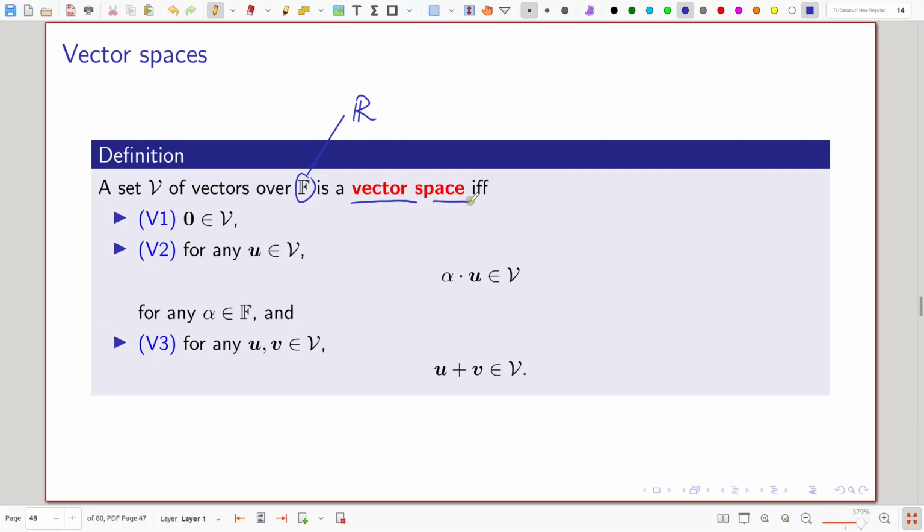For u inside V, if you multiply u with some scaling factor, the result is still in V. And finally, if you take 2 vectors inside V and you add them up, the result is also inside V. If you have a set of vectors that satisfies these 3 constraints, we refer to that set as a vector space.